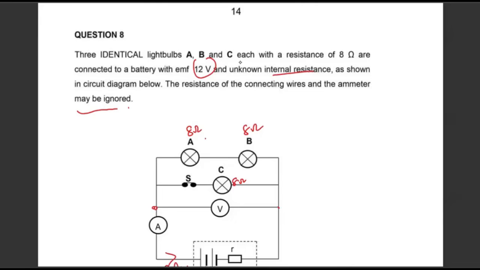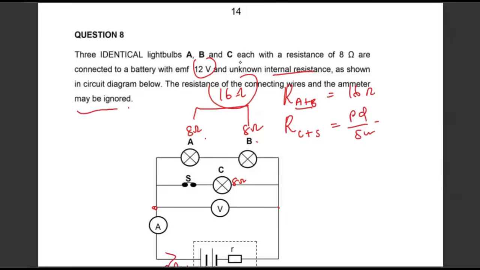Now, A and B are in series, meaning that if we combine these two together, we have 16 ohms. Now, this 16 and this 8, they are in parallel. So resistance A plus B becomes 16 ohms, and then for the resistance between C and the series, I'm going to say product over the sum, 16 times 8 over 16 plus 8.